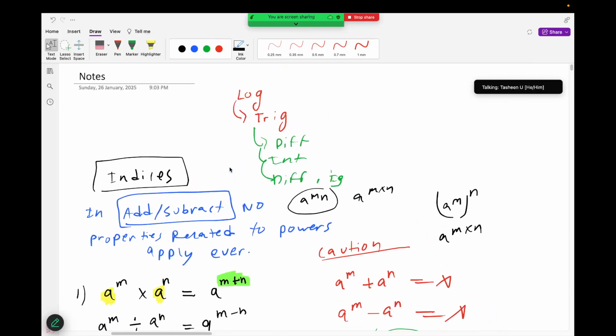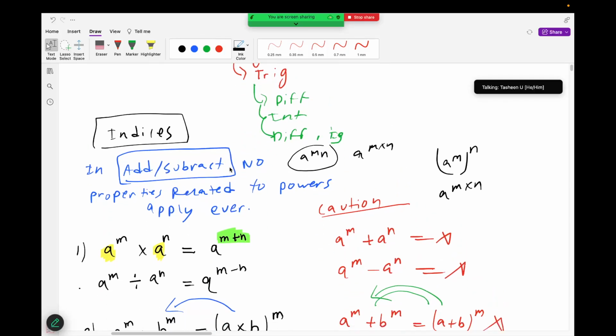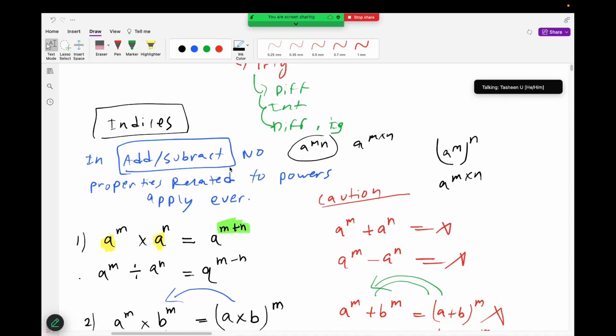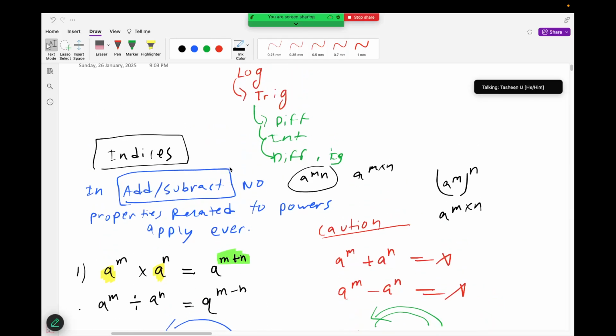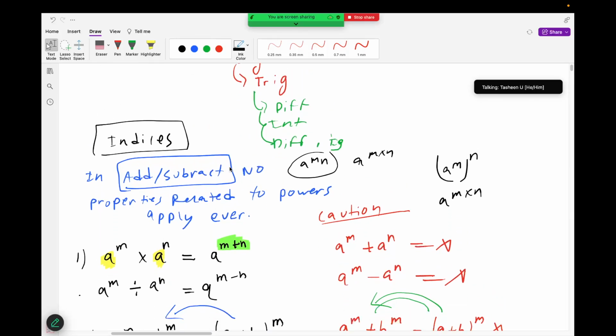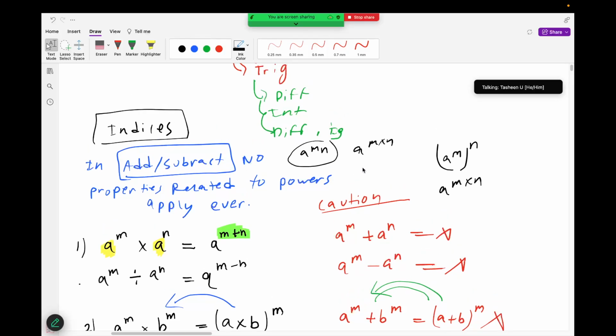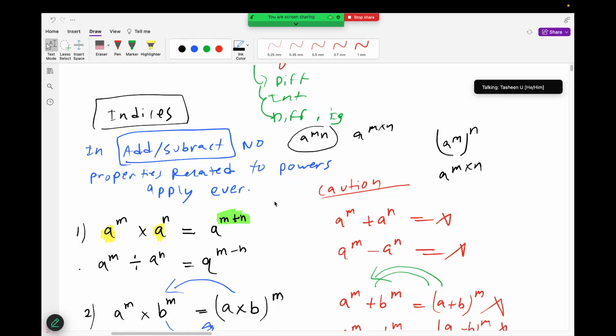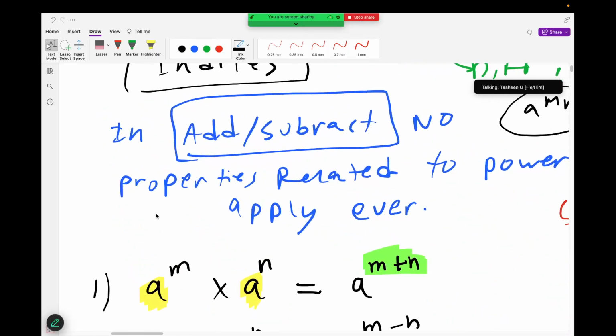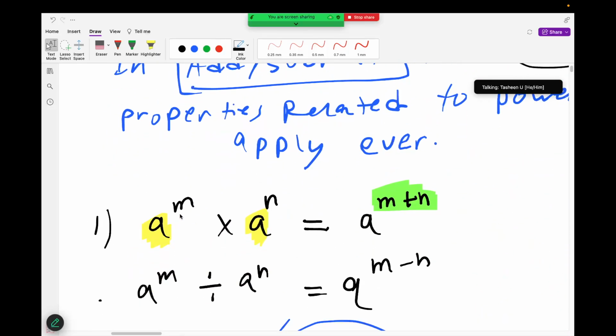Alright, so indices, we already know about all of this from previous study. First we'll have that as a recap. In indices, in addition or subtraction, no properties related to powers apply ever. We know that if we have the same base and we multiply them, then we can add their powers.